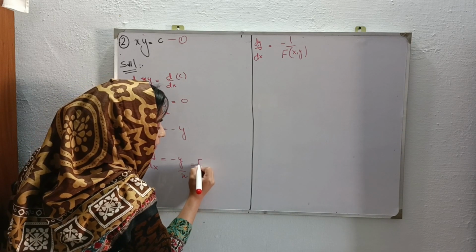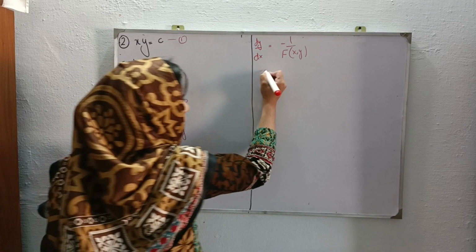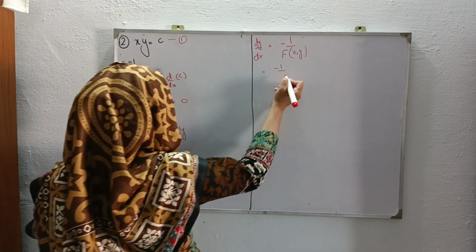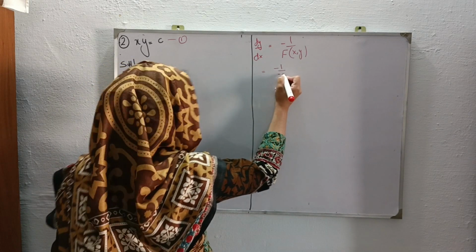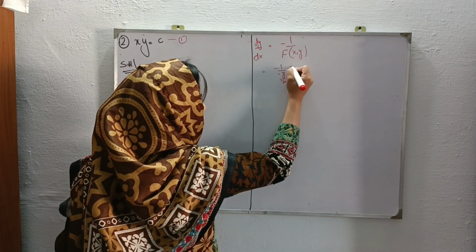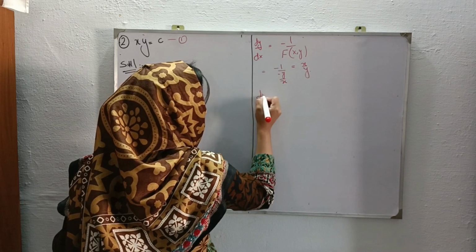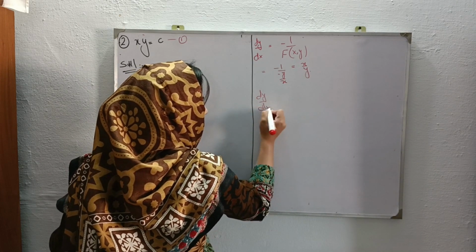So this is f of x y here, ठीक है? और उसके बाद minus 1 over minus y over x. What you will get? You will get simply x over y as dy by dx.